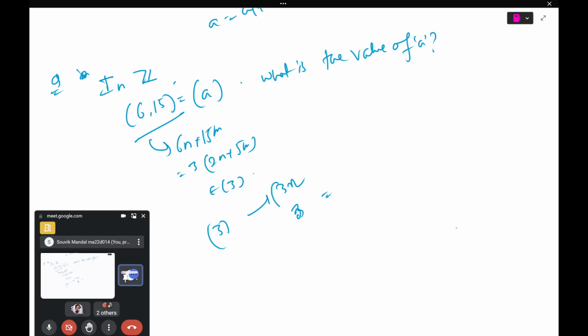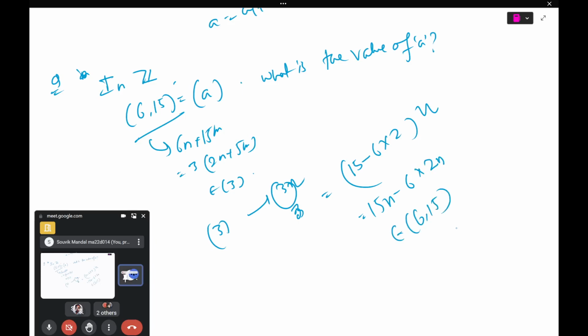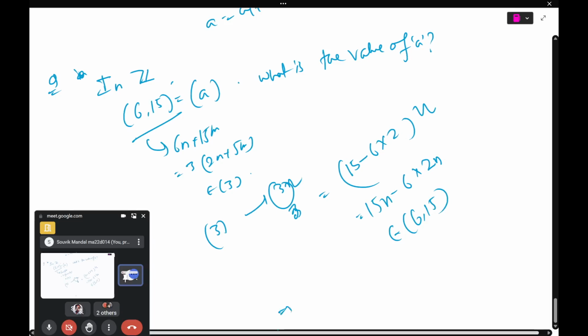Now 3 can be written as (15 minus 6 into 2) times n, so this can be written as 15n minus 6 into 2n. So this belongs to the ideal generated by 6 and 15. That's why the ideal generated by 3 is equal to the ideal generated by 6 and 15.